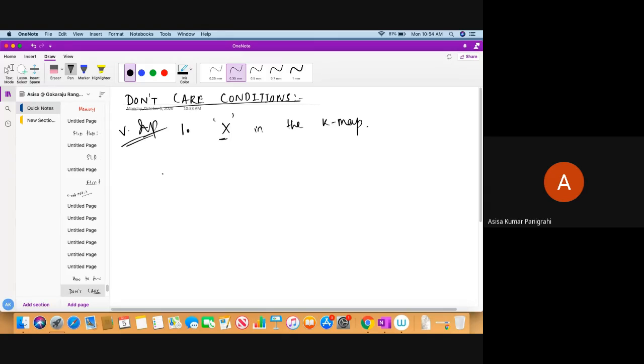I'll tell you one of the important things. Let's say BCD number. What is a valid BCD? Valid BCD is from 0 to 9. If the function is a 4 variable function, then minterms go from M0, M1 up to M15.